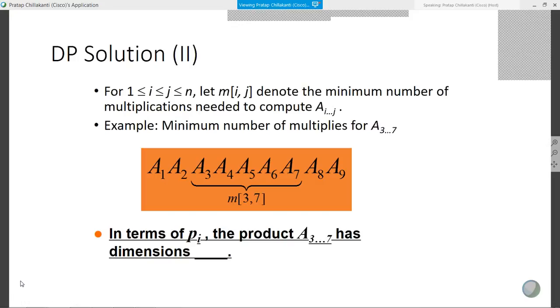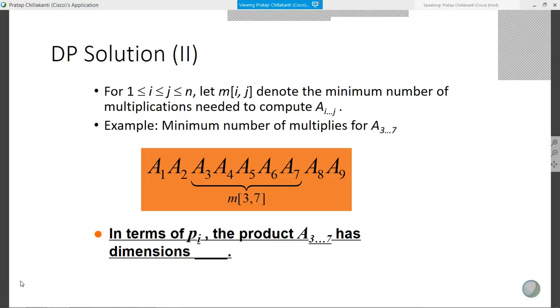Continuing, we are seeing the Mij concept here. It denotes the minimum number of multiplications needed to compute Ai to j. Here we show an example where we want the minimum number of computations for M3 to 7. That is what has been highlighted.